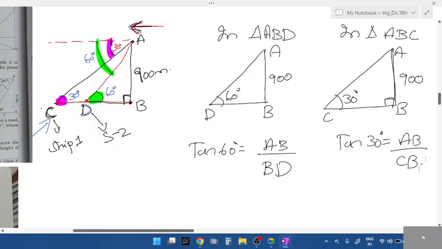Those who were regular and went through the videos will understand. So the distance between the two ships is CD, students. For CD we need CB minus BD. Complete it.